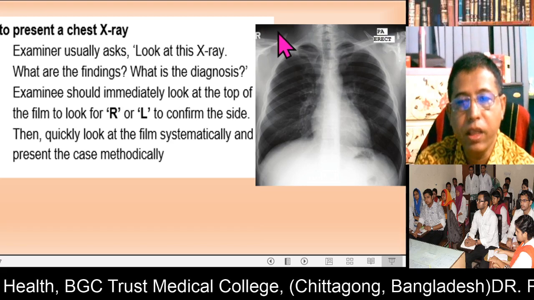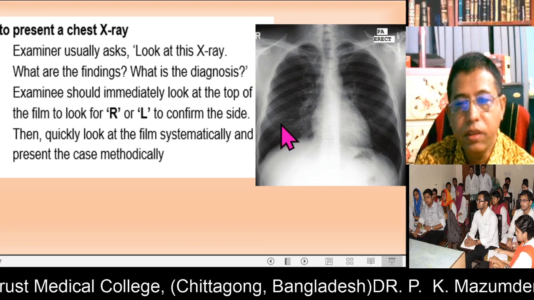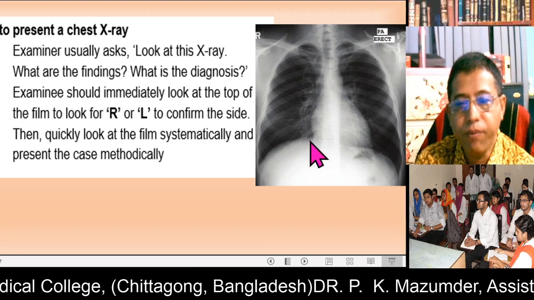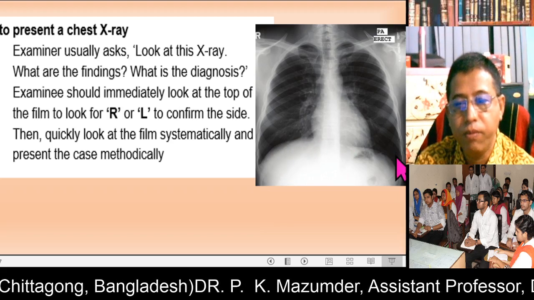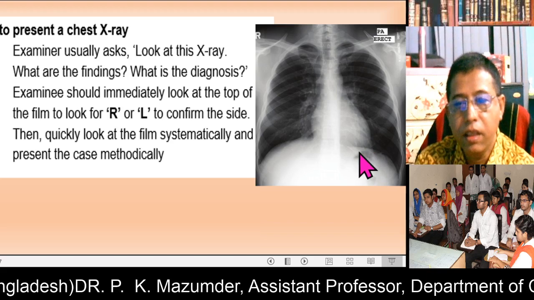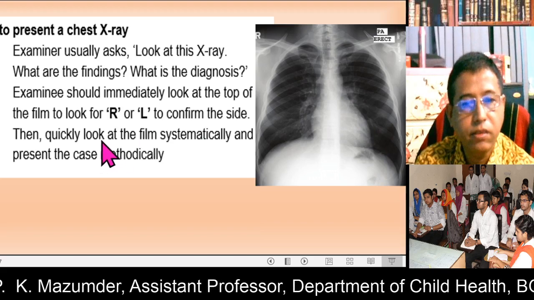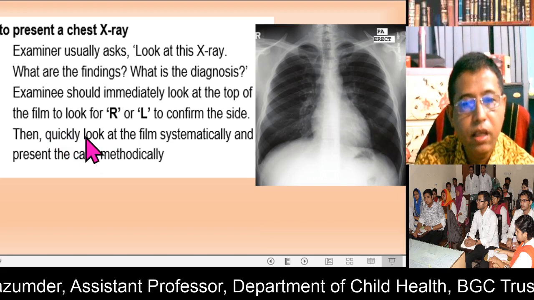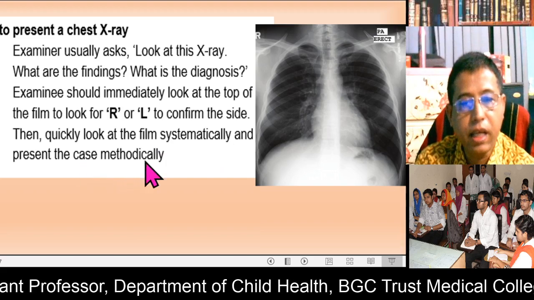Sometimes this mark is not given, so in this case you should see the domes of the diaphragm: the right dome is slightly higher than the left dome, and the fundal gas is on the left side, and the apex of the heart is on the left side. Then quickly look at the plate systematically and present the case methodically.